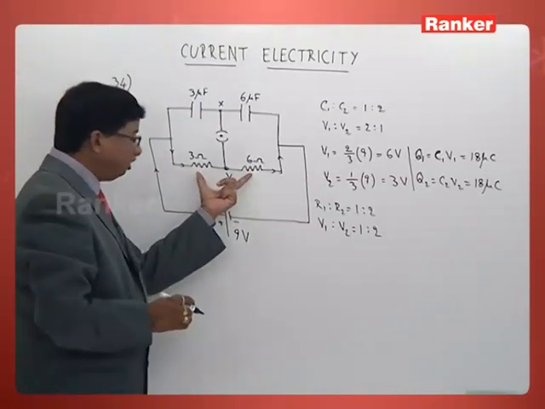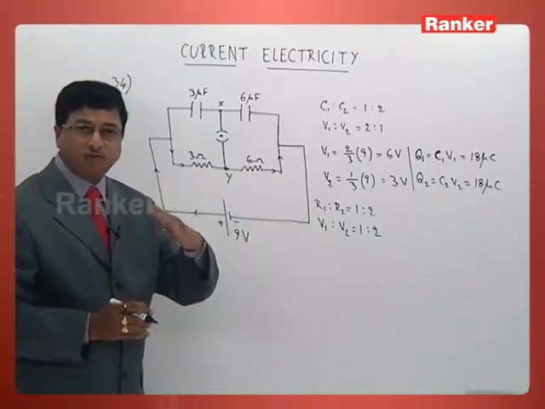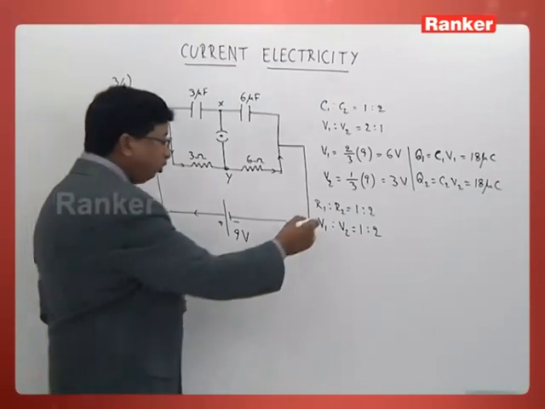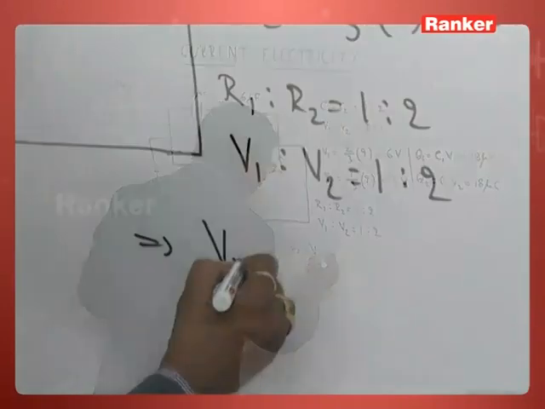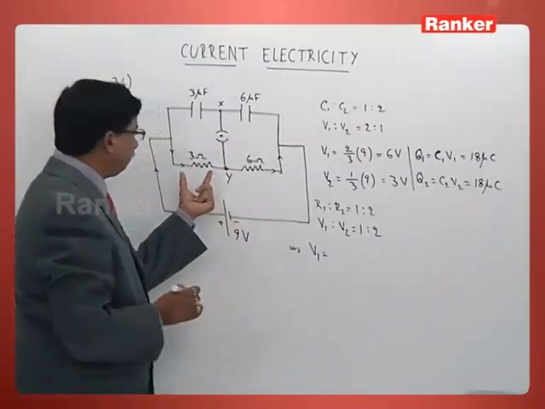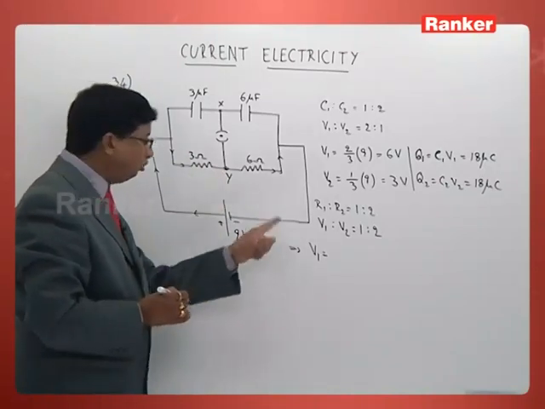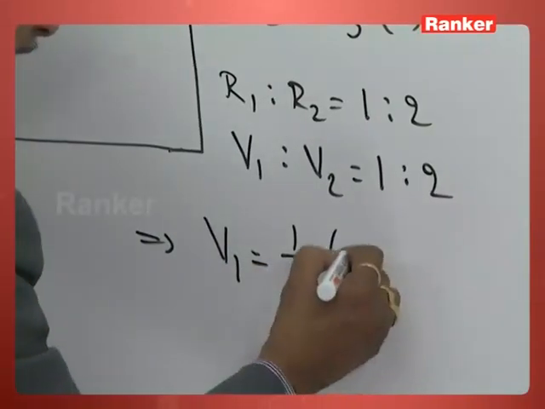I is constant when they are connected in series. So V and R are supposed to be directly proportional to each other. When I take 1 is to 2, this implies what would be the potential difference across the first resistor of 3 ohm. It will now be V1. V1 becomes 1/3 of 9.